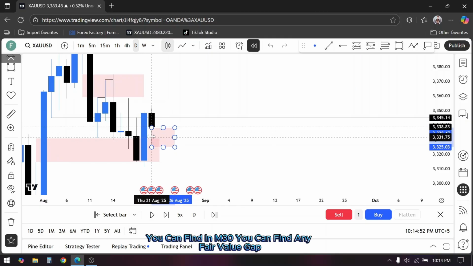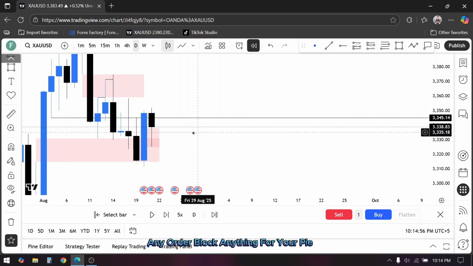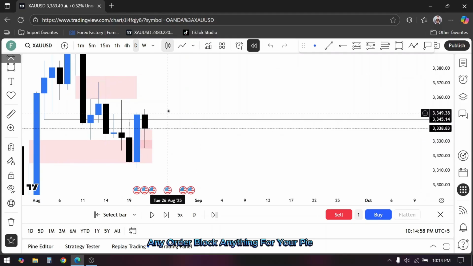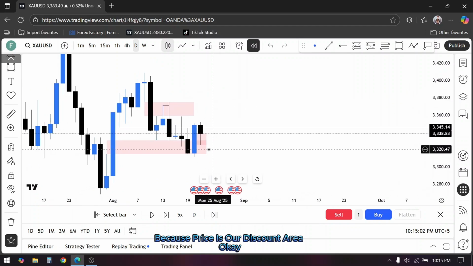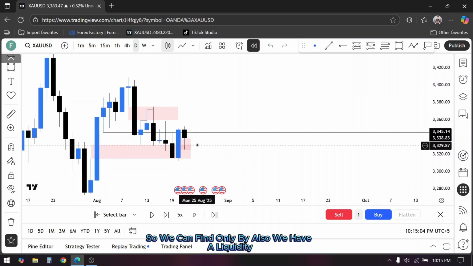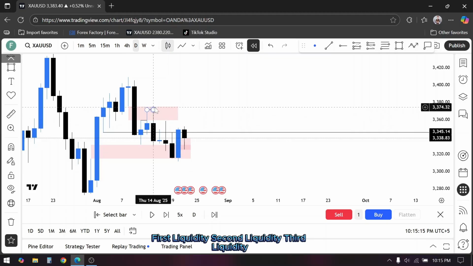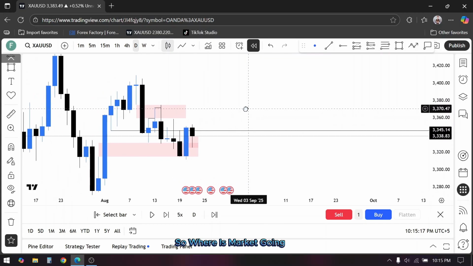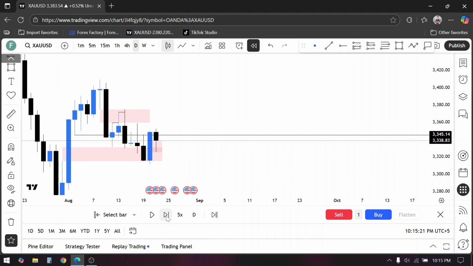In M15, in M30 you can find any fair value gap, any order block, anything for your buy, because price is in our discount area, okay? So we can find only buy. Also we have evidence of liquidity: first liquidity, second liquidity, third liquidity. So where is the market going? Market always goes to liquidity, okay?